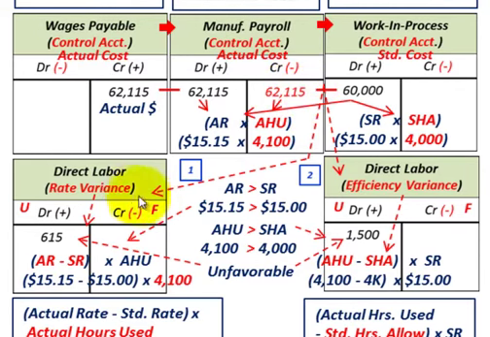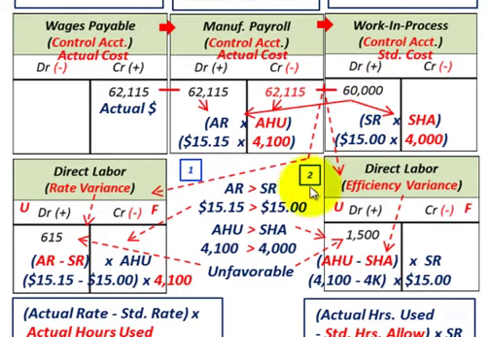So again, you'd have to know one to determine the other. You didn't know the efficiency variance, but you did know the direct labor rate variance, in this case $615. You can add that to your debit, or your debit in your direct labor rate variance is $615. Add it to the debit in your work in process of $60,000. So then you can compare your debits and credits, and you're going to see that you're going to need an actual debit in your direct labor efficiency variance of $1,500.